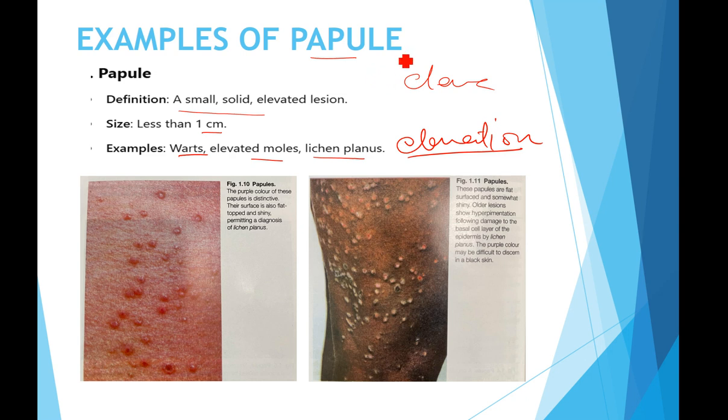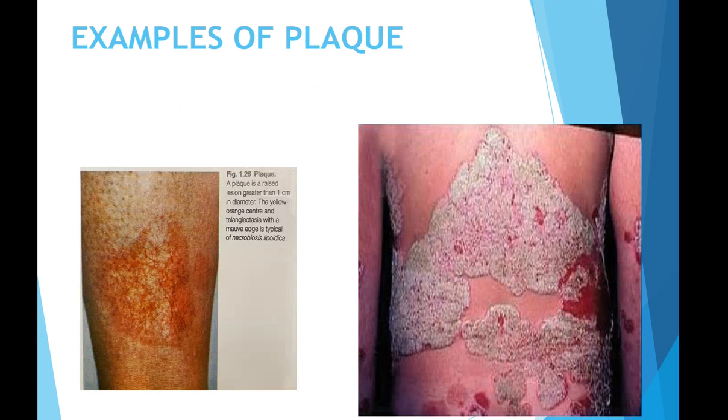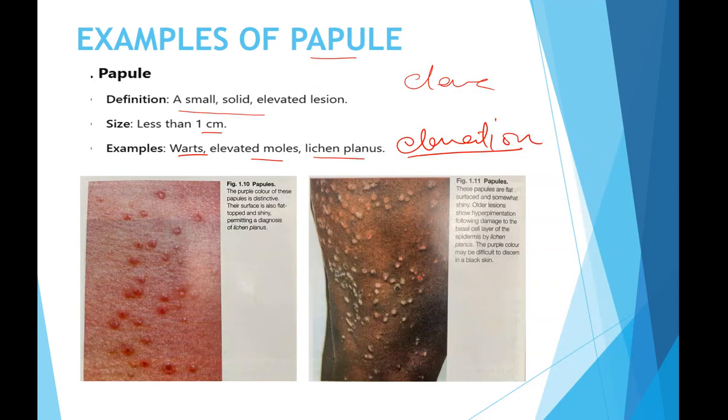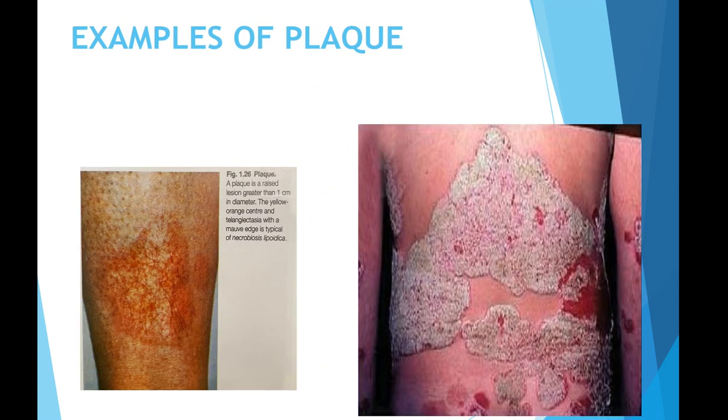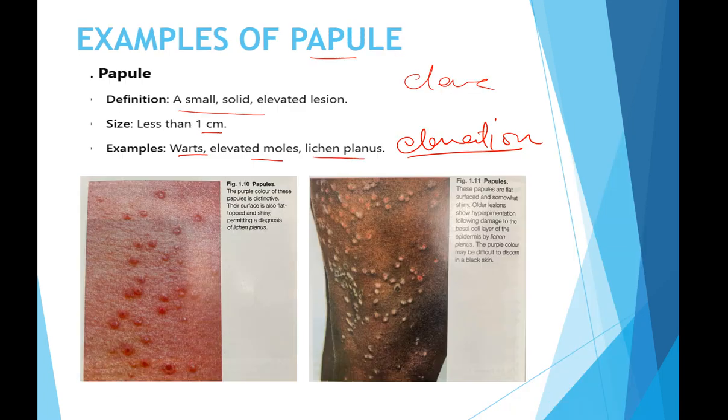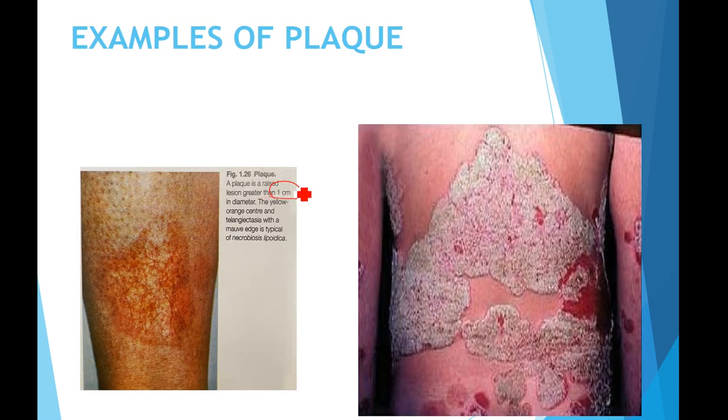And as you will go through different dermatological conditions, you will get to know in which condition there are macules, in which condition there are papules, in which condition you'll find patches or plaques. Right. So another picture of this is a plaque, and this plaque is basically a lesion that is greater than 1 centimeter in diameter. Right. Papule was less than 1 centimeter, whereas the plaque is more than 1 centimeter, right?